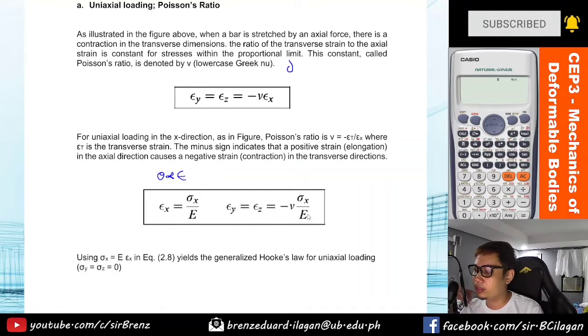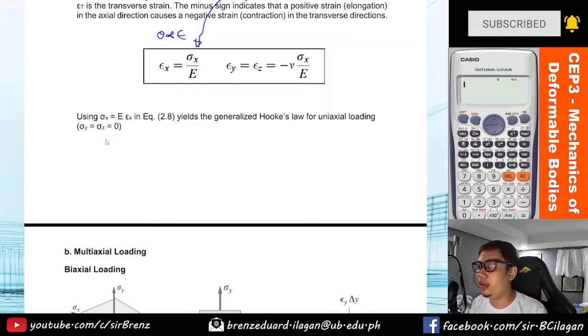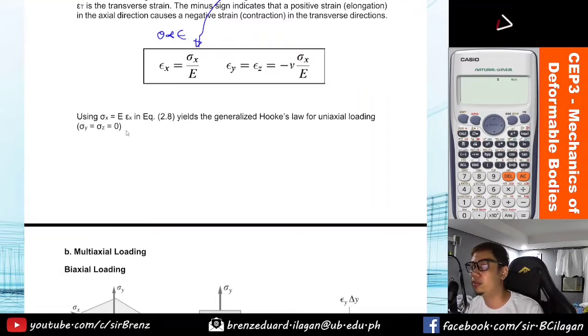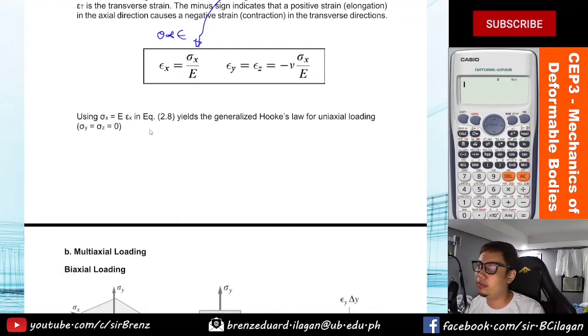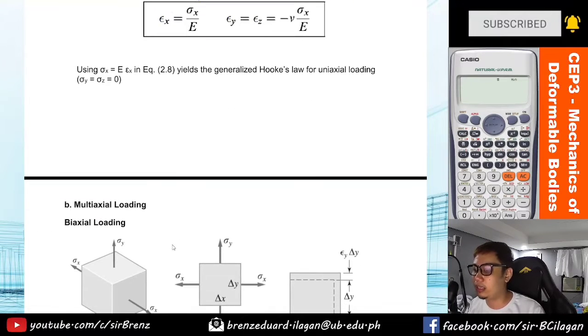So we just substituted this, the strain in the x direction, which is why it became like this. Using the stress in x equal to Young's modulus times the strain in x in equation 2.8 yields the generalized Hooke's law for uniaxial loading, where the stress in y and in z direction is equal to 0, because it is only uniaxial.